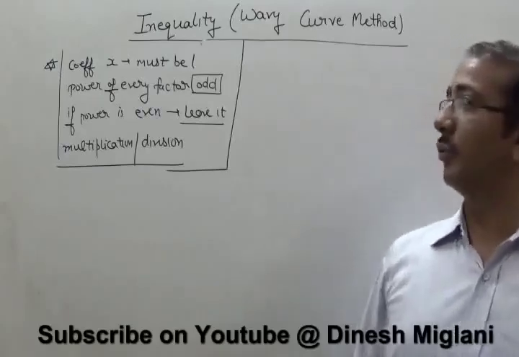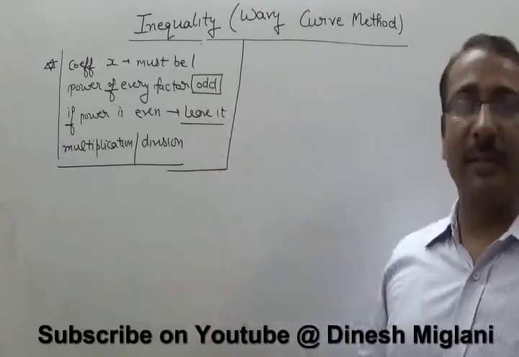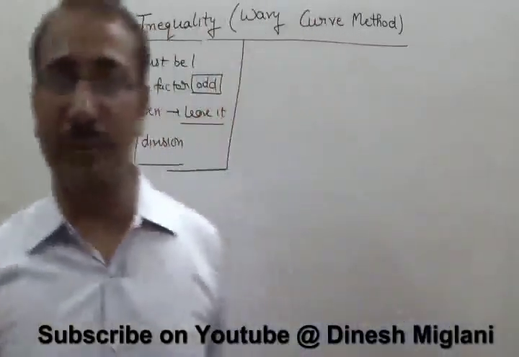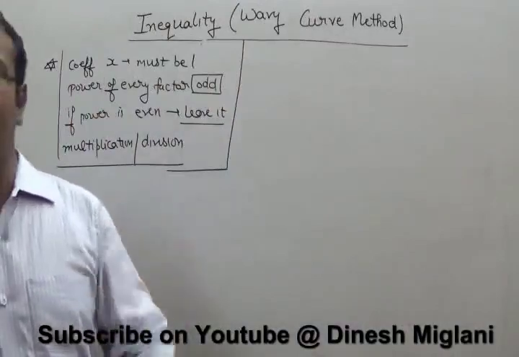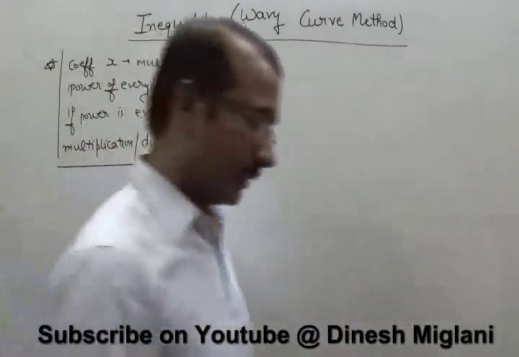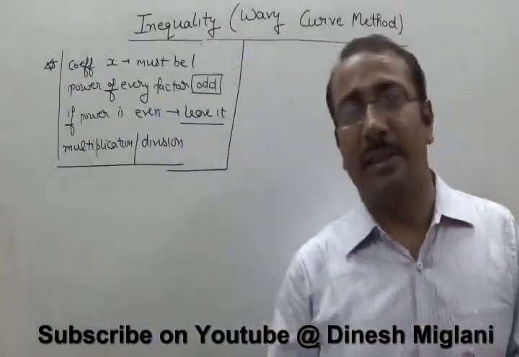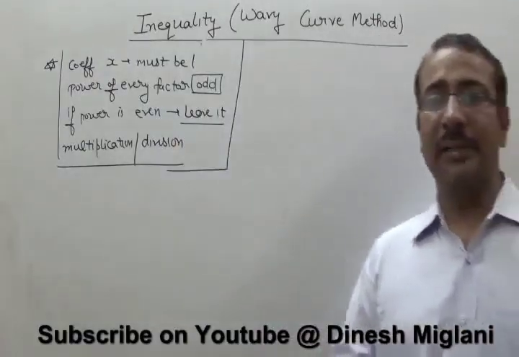Power of every factor to be odd. If power is even, you have to simply leave it, because when the power is even, the number will always be positive. It does not affect my inequality. And fourth one is my factors may be either in multiplication or in division. In both cases, we can apply the concept of Wavy Curve method, right?